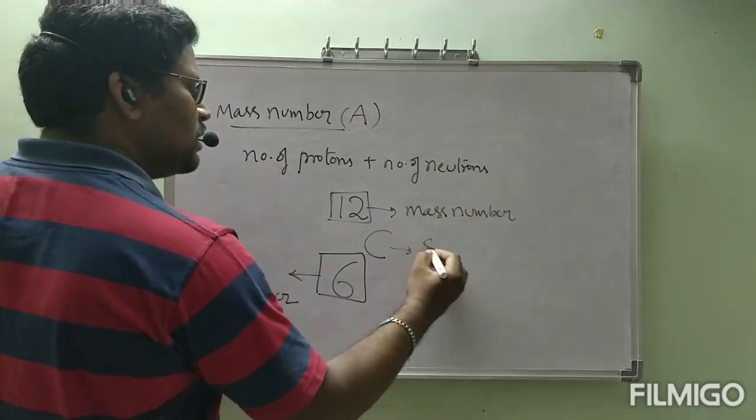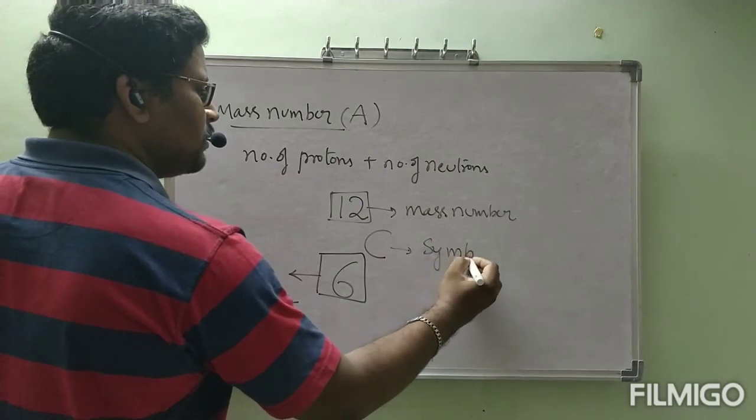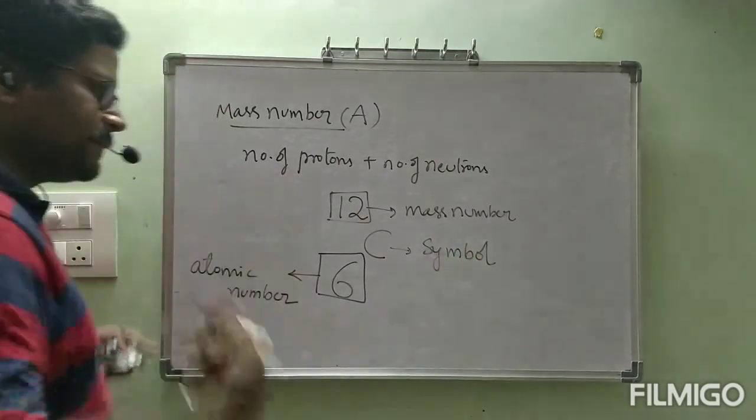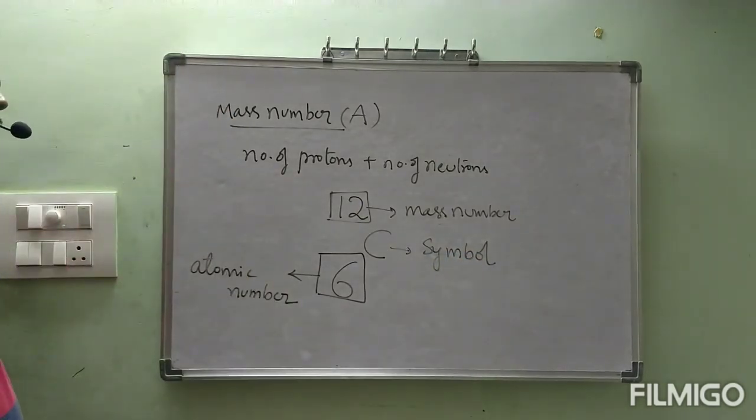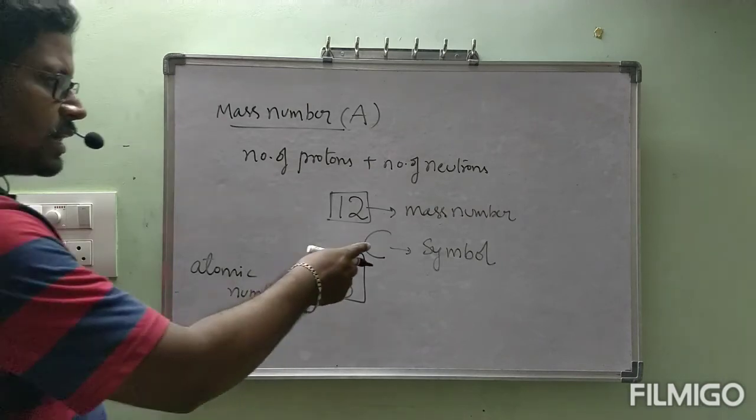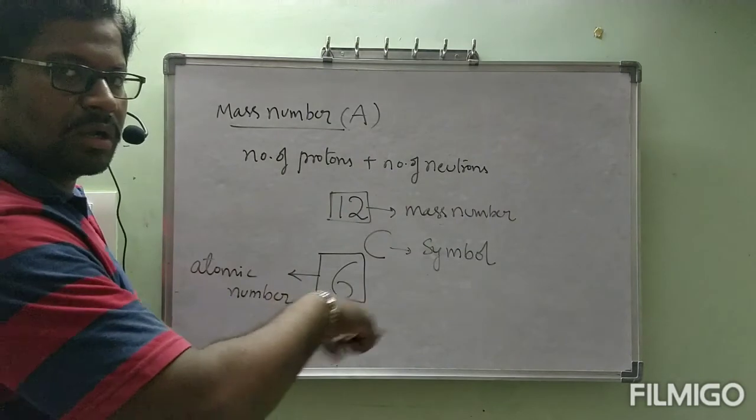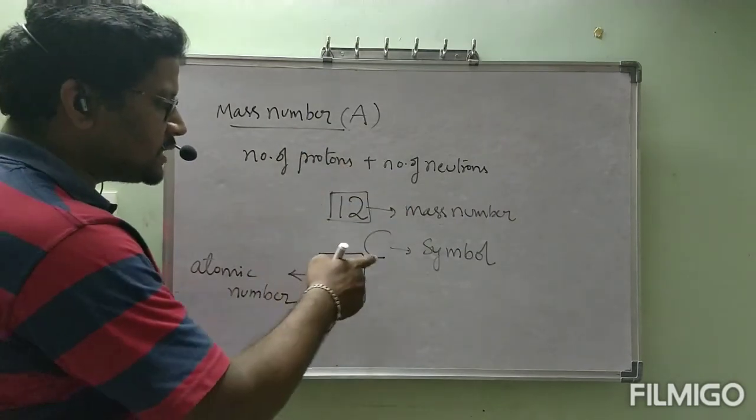This C is called the symbol of the element. Mass number 12, atomic number 6, C symbol. So the complete nucleus symbol, the carbon nucleus symbol, is 6C12.